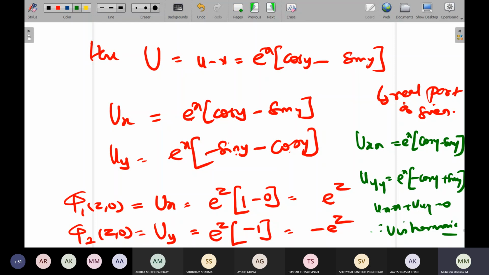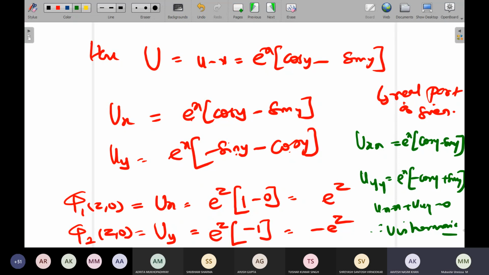I'll particularly ask someone. How will you find the harmonic conjugate for this problem?